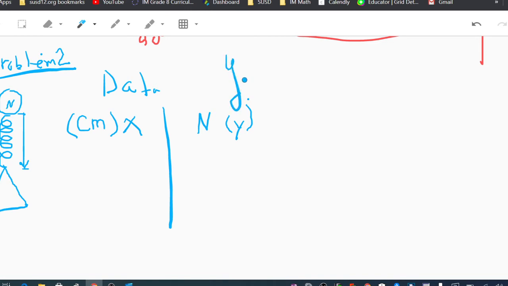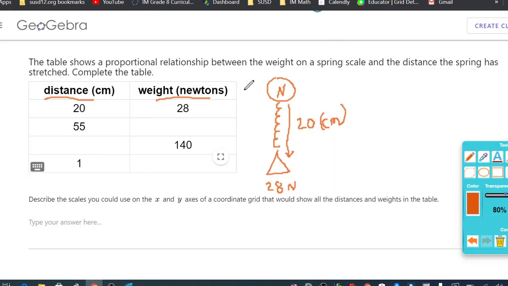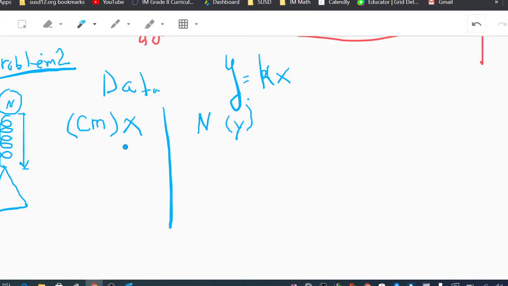And then think of the equation for this relationship is going to be y equals some constant of proportionality, a k, times x. And the first data point they gave us was a 20 centimeter stretch for 28 newtons. Put that into your table. X stretched 20 centimeters, and the weight was 28 newtons.